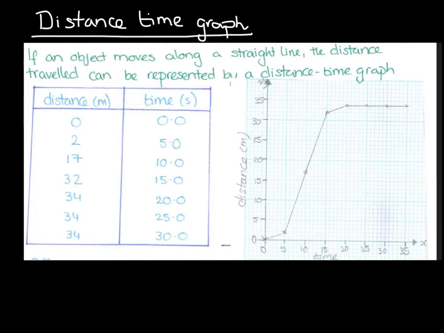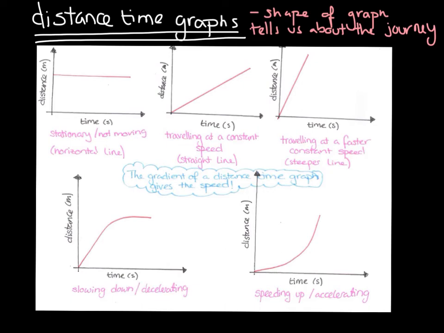Now, depending on the shape of the graph, the gradient of different sections of the graph, we can tell different things. So, for example, if on a distance time graph you have a horizontal line, then the object is stationary and not moving.